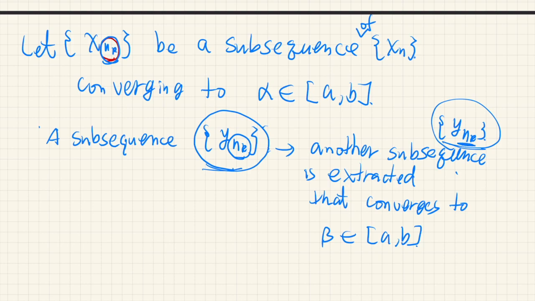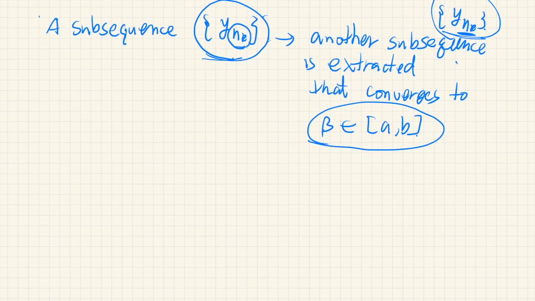Now we have a subsequence of y that converges to some value beta in this interval. Okay, so let's summarize the situation now. So we have a sequence x_{n_k} that converges to alpha, and we have another subsequence y_{n_k} that converges to beta. Okay, and alpha and beta are of course within this interval.